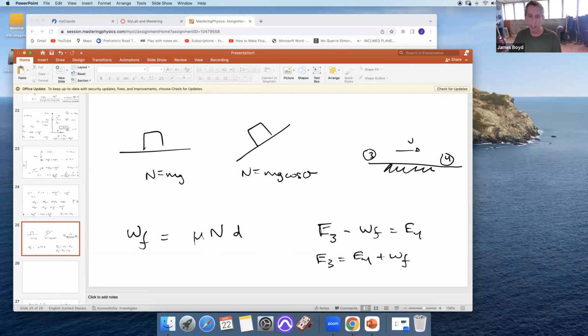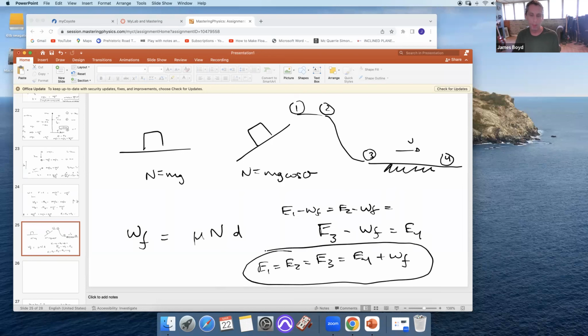And the reason why we write it this way is, let's say it came down a hill where it had some other stuff happening at 1 and 2. You could say that energy 1 is energy 2 is energy 3 is energy 4 plus work of friction. You can't do that here. This would have to be energy 1 minus work of friction is equal to energy 2 minus work of friction is equal to energy 3 minus work of friction is equal to energy 4. It's actually easier to conceptualize it, I think, this way.